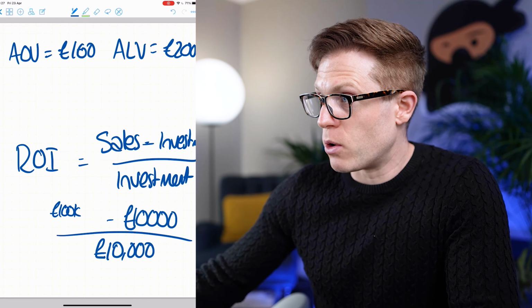Now, of course, we want to think about profit margin. That's not all profit, but that is a decent figure depending on the market that you're in. That's a pretty decent figure. So as we start to think about what these numbers tell us and the insights that we can get from this and how we can decide to invest, what we would see from this is that investing in non-branded new traffic to the site is going to be really valuable.